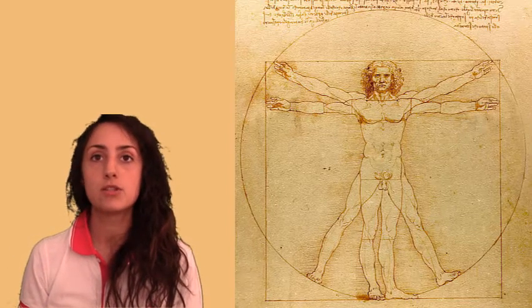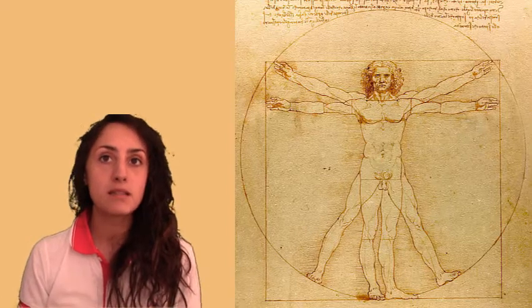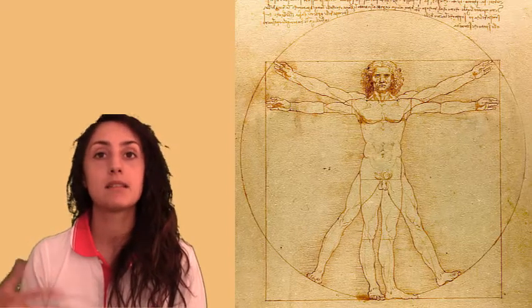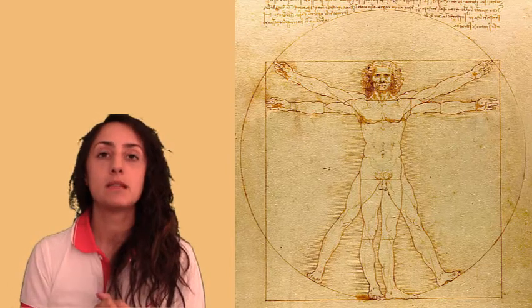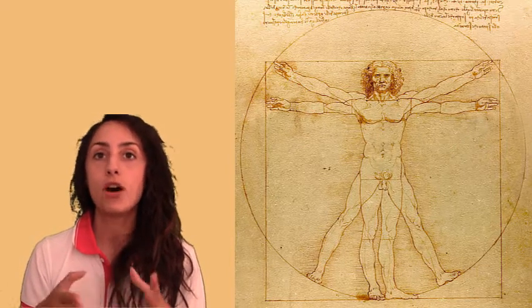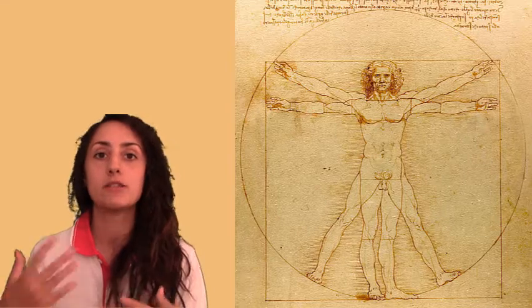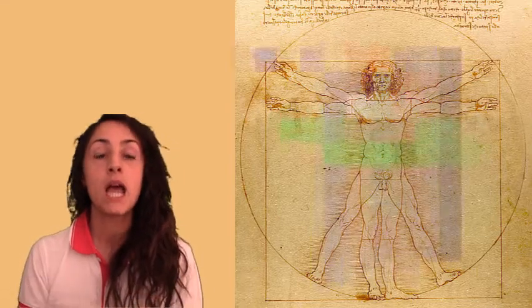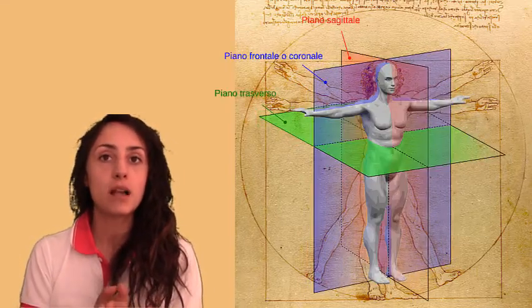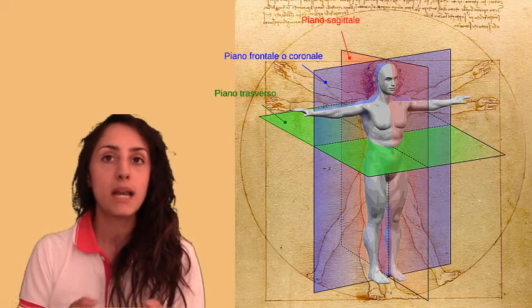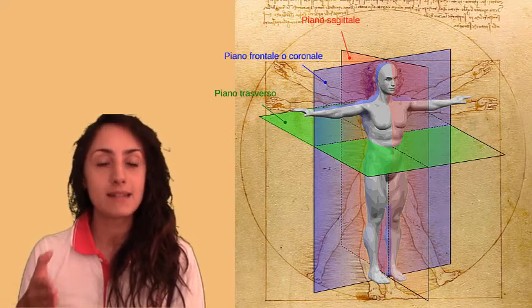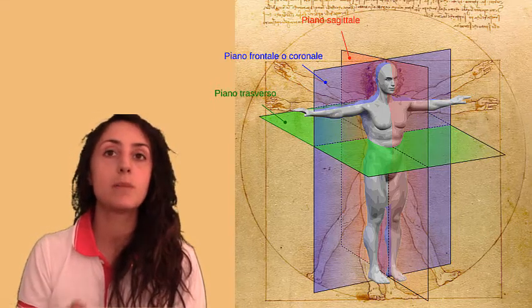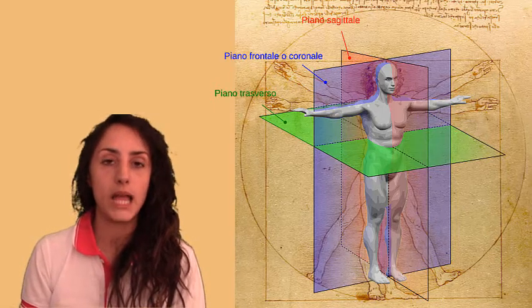Another important thing to say is the body planes and the sections. We normally refer to the sagittal plane when describing the different parts of the body. So the sagittal plane is a vertical plane that divides the body into right and left. The sagittal plane that cuts exactly in the middle is called mid-sagittal or median plane.